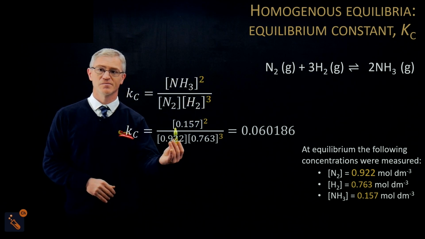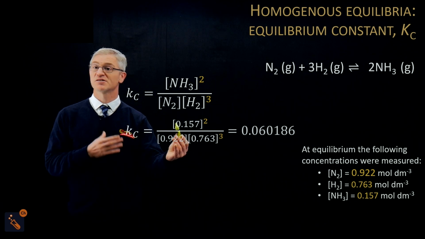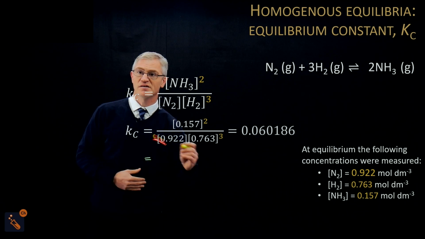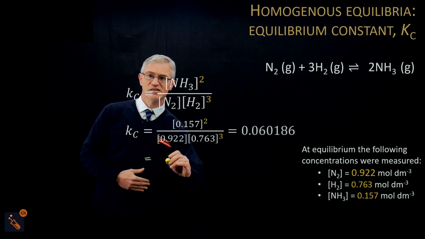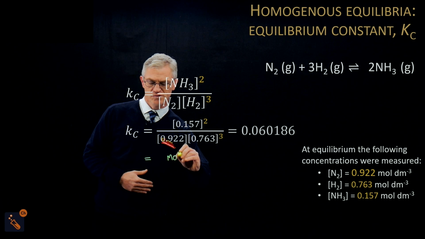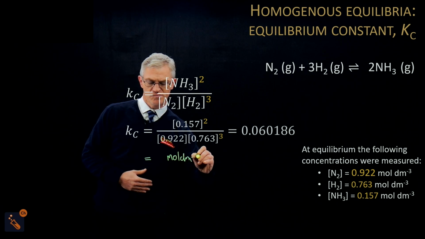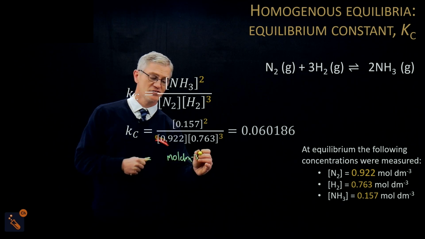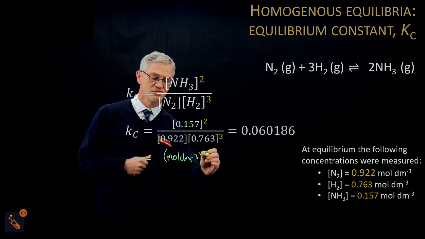So if you look here, the units are all these, because their concentration is going to be moles per dm cubed. So we're just going to go equals there, because our Kc, and then we're just going to go moles dm cubed. And that moles dm cubed is for this one, and that's the unit of concentration, and it is squared.